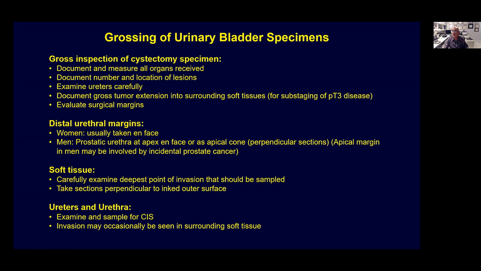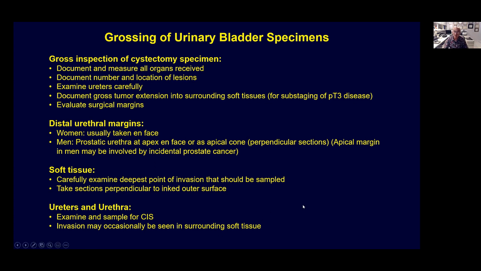Remember that urinary cancer usually is multifocal, and patients who have cancer in the bladder may also have cancer in the urethra, a completely different focus, not necessarily invasion from the primary tumor, and also may have cancer in the ureters at different levels.